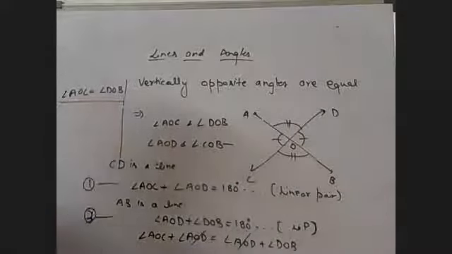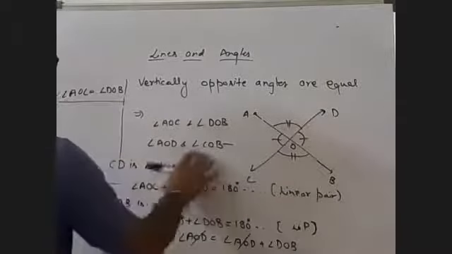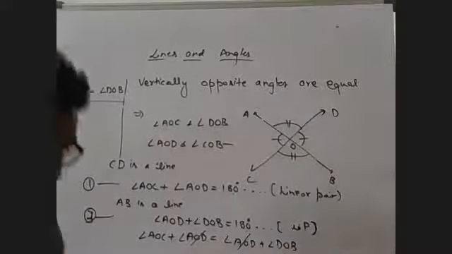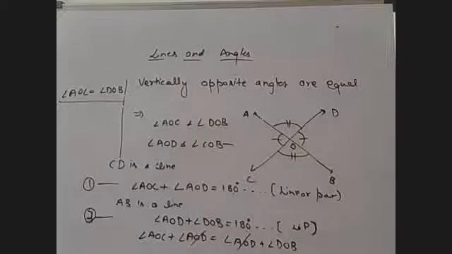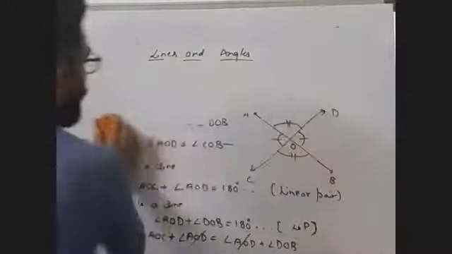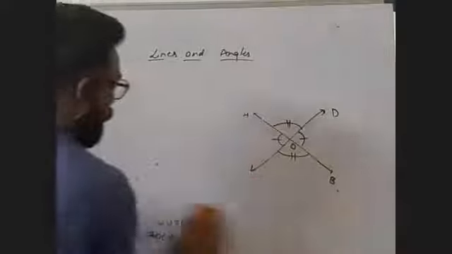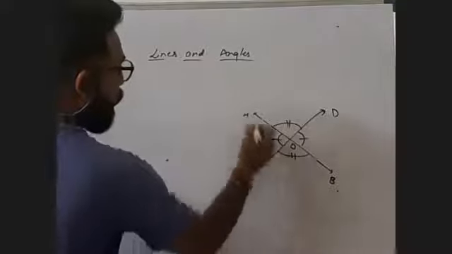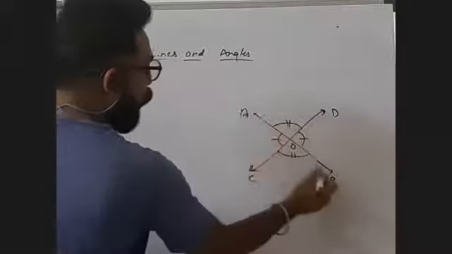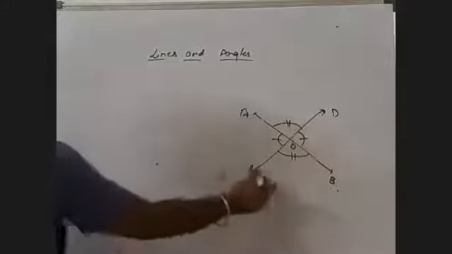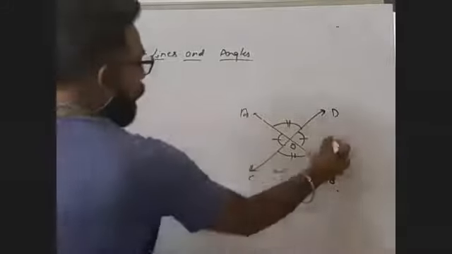Similarly, we can prove the other pair, that is angle AOD is equal to angle COB. Now we have to prove another part, that angle COB is equal to angle AOD. In this case, we can consider these three angles.